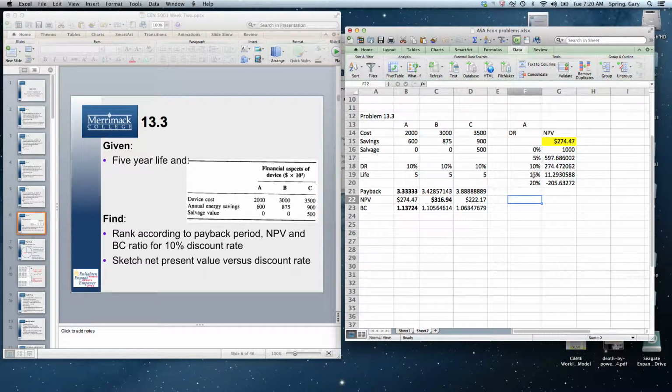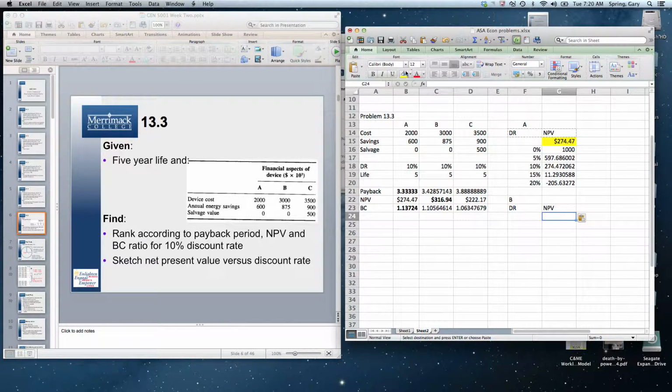I can do the same thing with alternative B if I want to. Okay. And let's just do that real quickly. Again, I'll make this yellow just to make it pretty. And I'm going to reference net present value of B. And the discount rate has the same ranges.